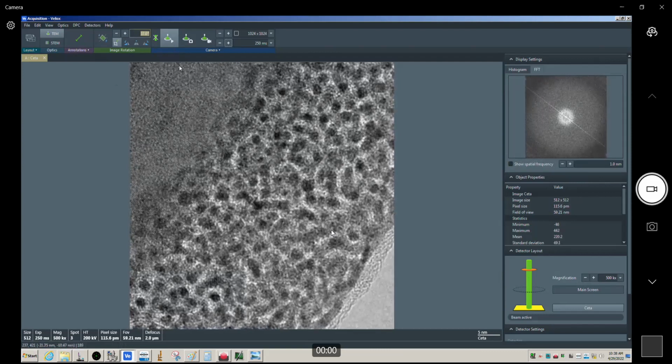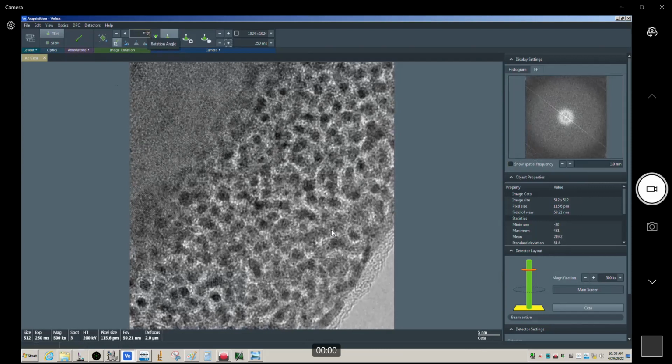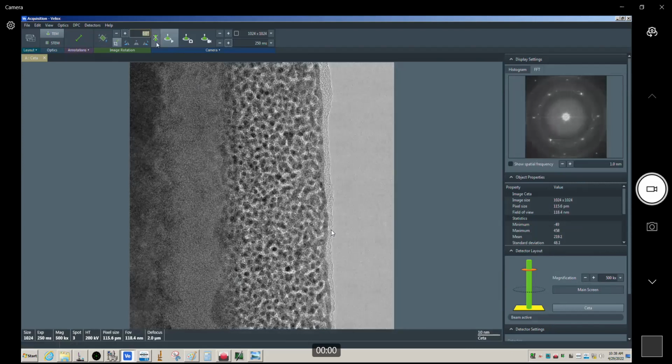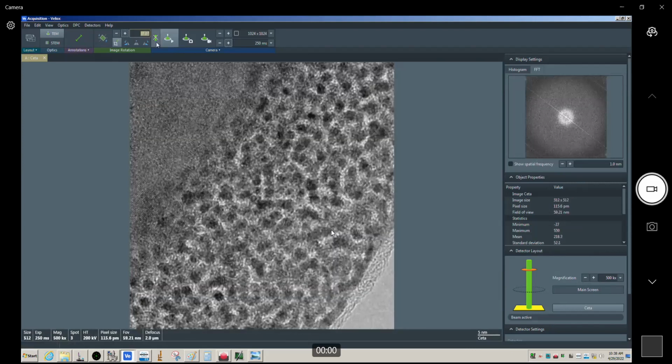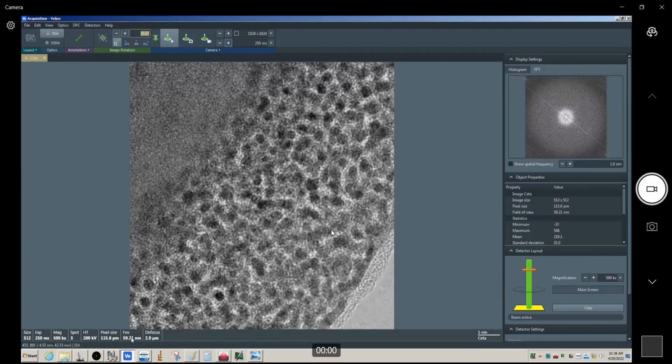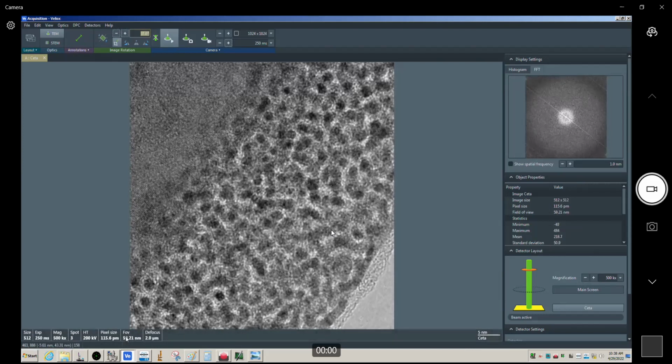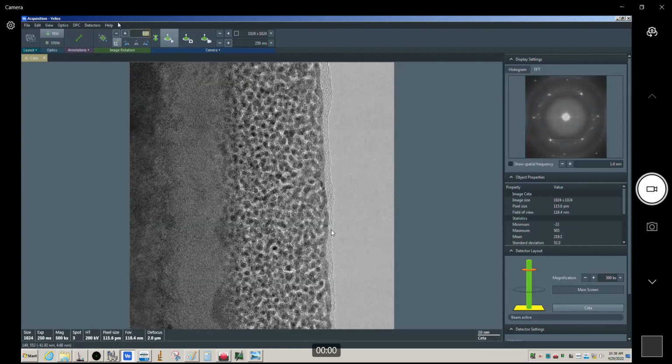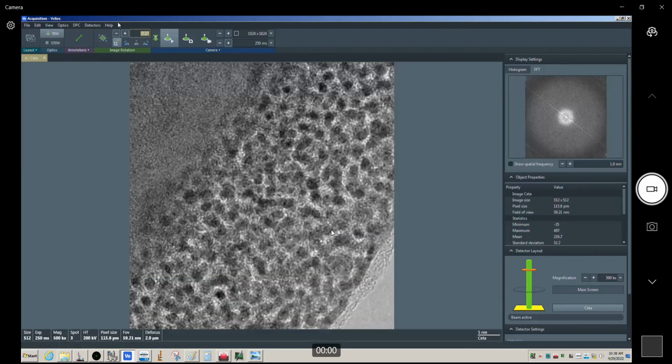Let me put this back to 0. If we look at field of view right here, it says 118. Oh, sorry, no, it did change it. It went from 118 to 59. Yep, that is correct.